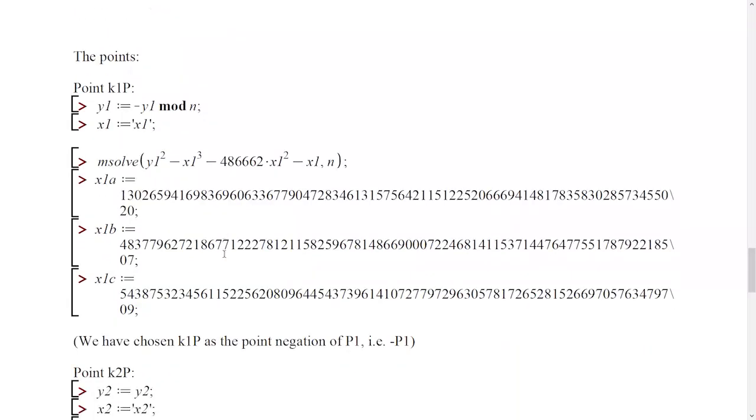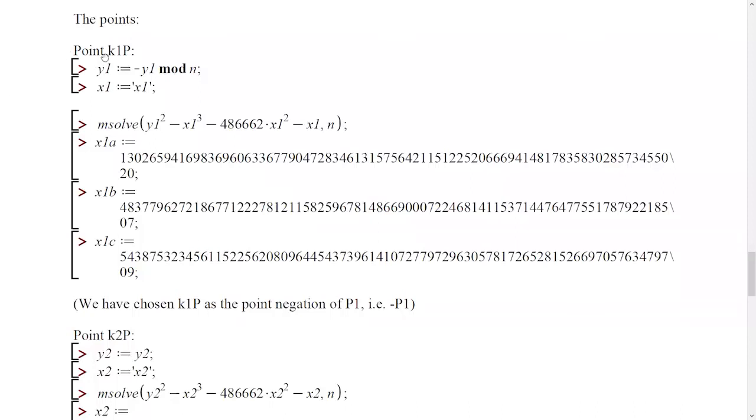So now the points K1P, you remember, we have K1P. Our K1P is not P1, it's minus P1. So that's why we have y1 equal to minus y1 modulo n.